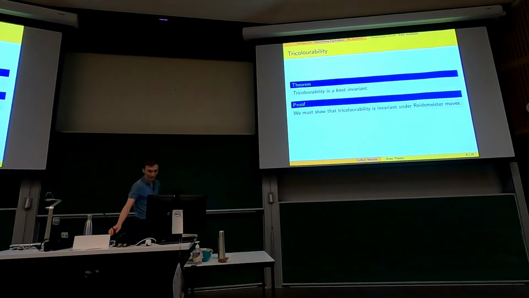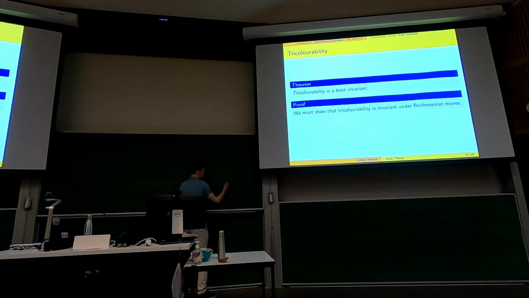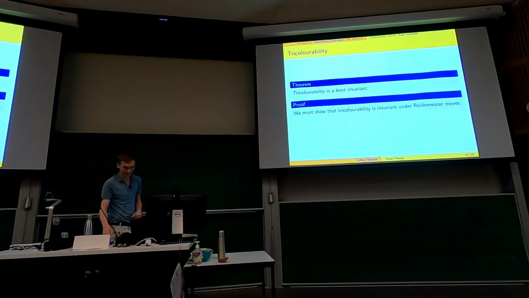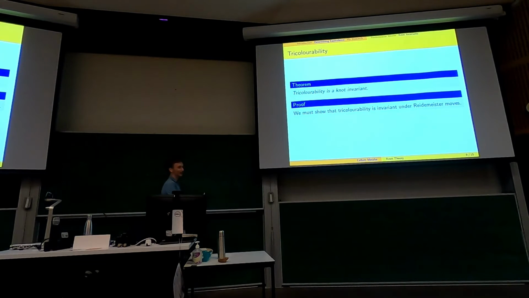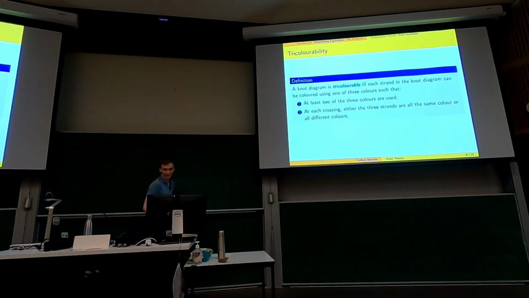If we move over, we want this strand to be red, and we need this strand to be blue here. I still need this strand. What color does that have to be? Green. Tricolorability says that we either need to use the same color or all different colors. We've already used red and blue, so this last strand has to be green. And yes, it's still tricolorable.